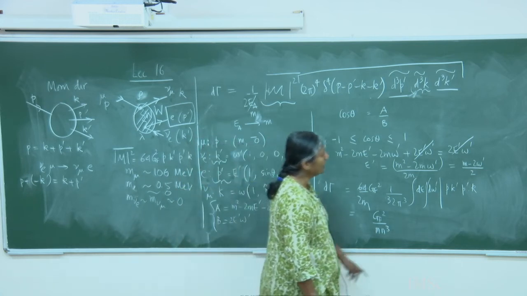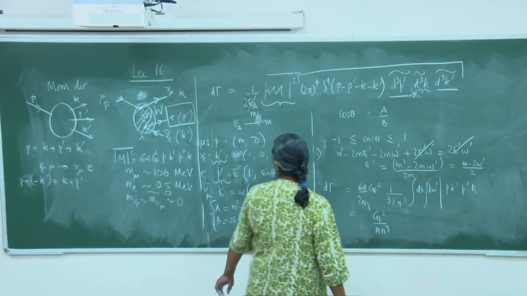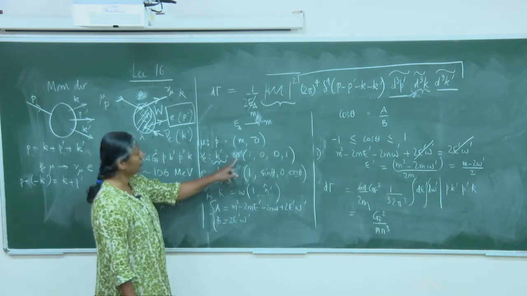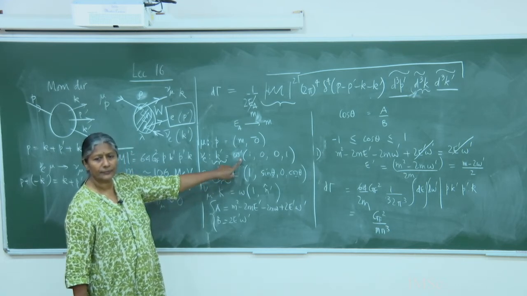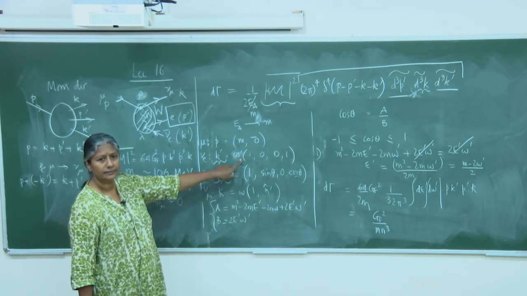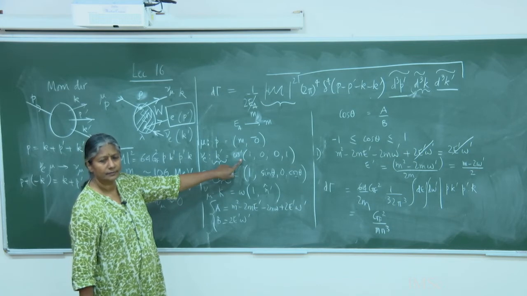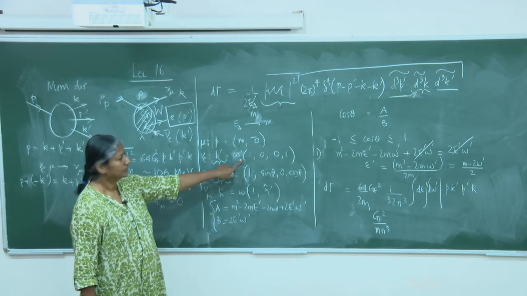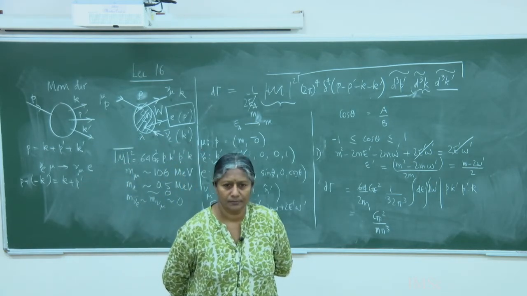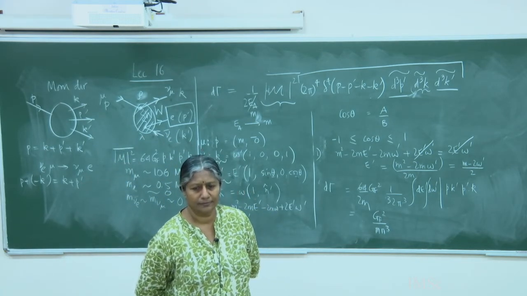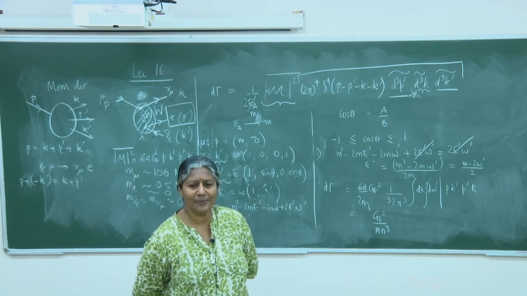Now omega prime is the energy of the neutrino. What is the smallest value of omega prime? What can the energy be?